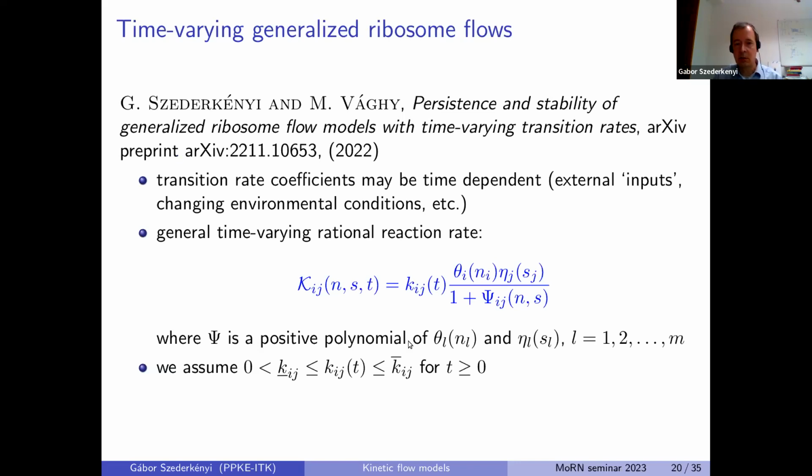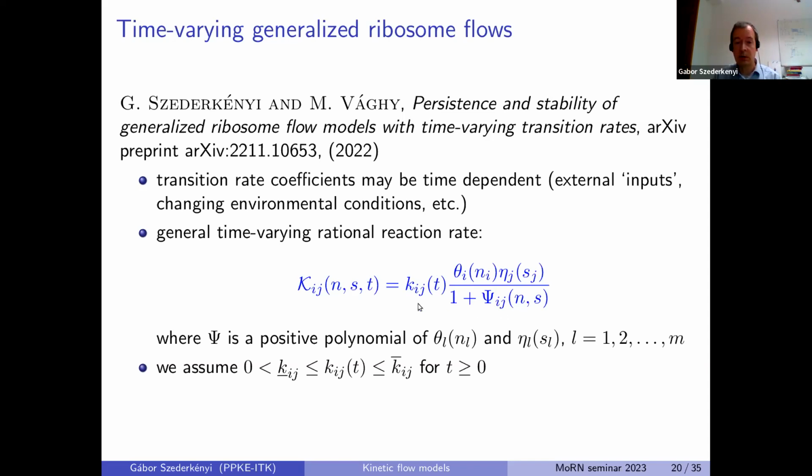So let us allow the explicit time variance of the reaction rates. Of course, we have to give some form of the rates, and we chose this quite general form: a time varying rate coefficient times theta times nu or eta in this case, and some positive denominator.